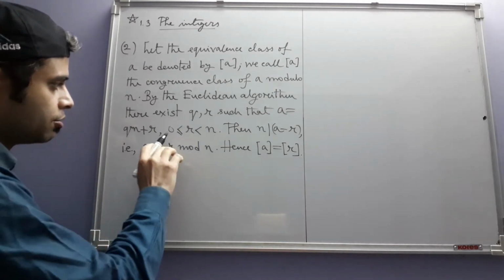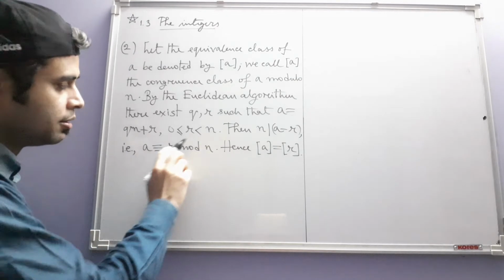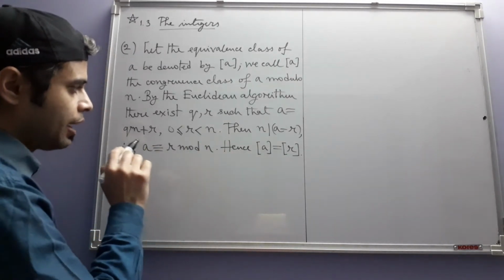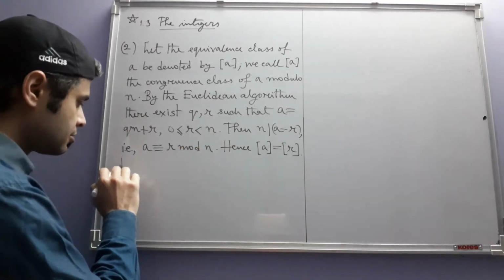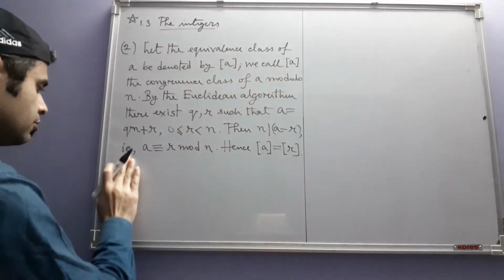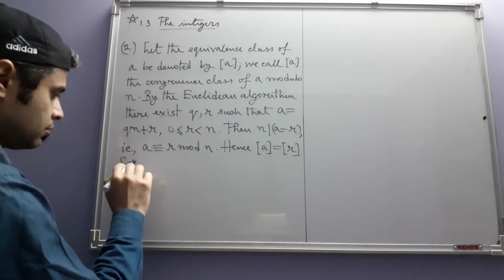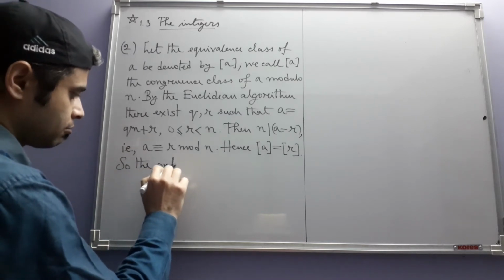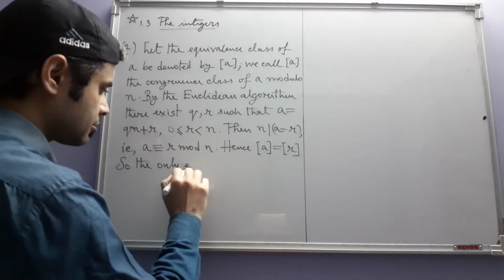Okay, now looking at this range of variation of r, we can see that there can be at most n congruence classes. Hence, we have already written this, right? So, the only equivalence classes.